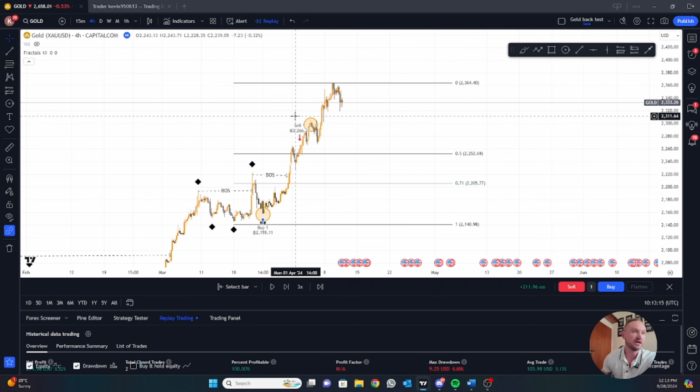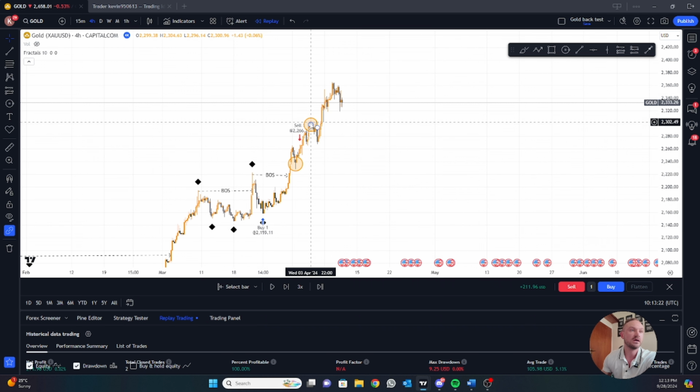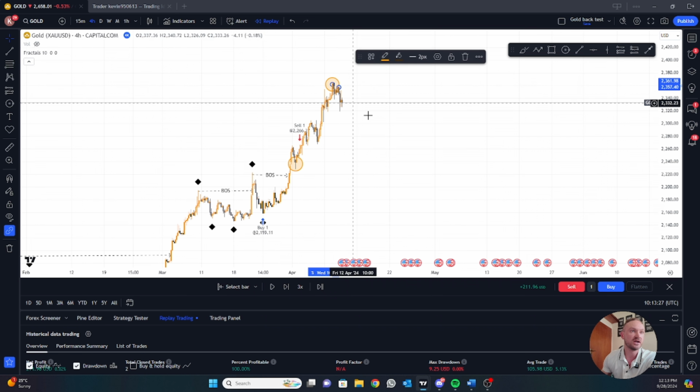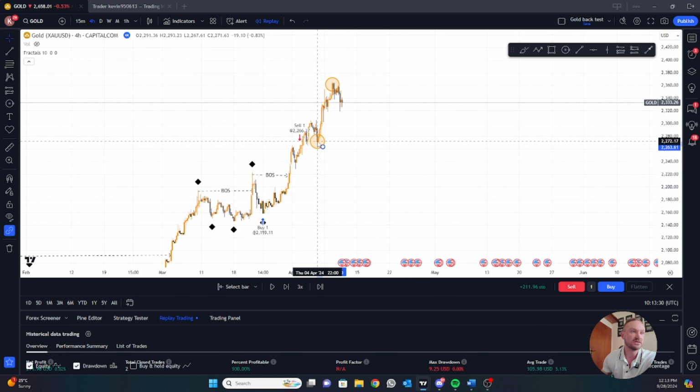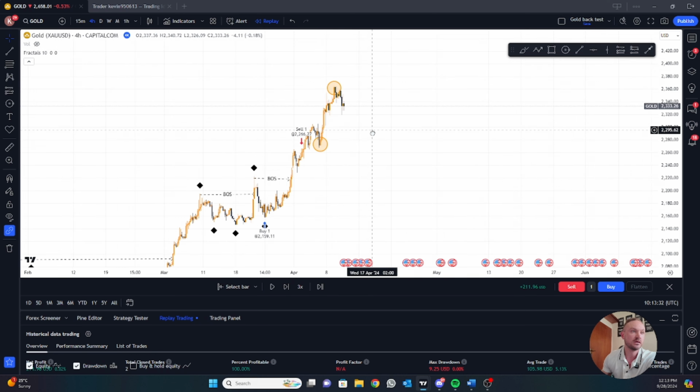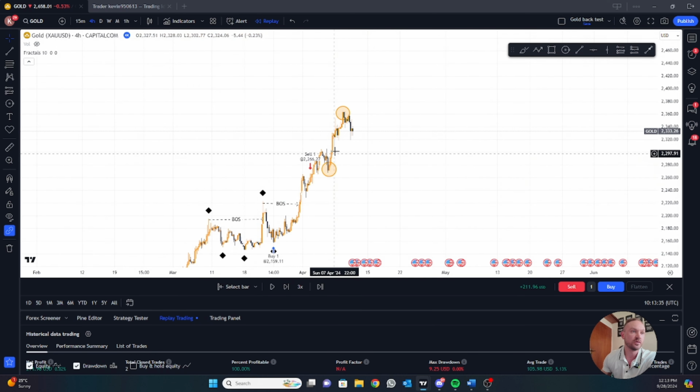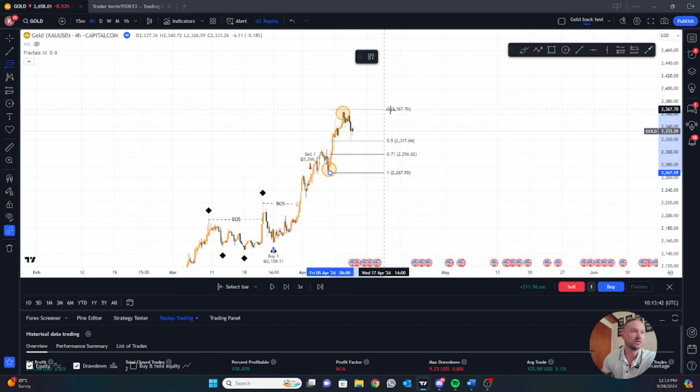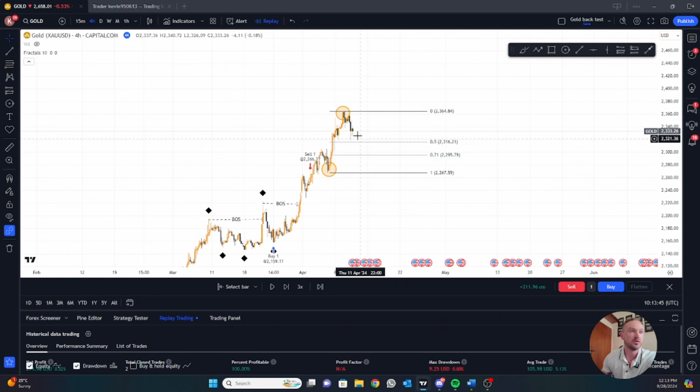So this became our high and this is our new low. Then we had a break of structure again. So that moved us up to this is our high and this is our new low. So this is where we draw our Fibonacci, from this low to this high. And if the market retraces to this 71%, we can then look for another buy entry.